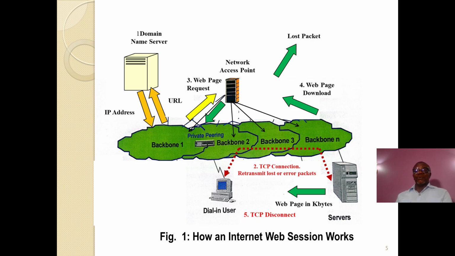Then that server will establish a TCP connection, which we marked in red. From that server, the packet of information that the dialing user is looking for will follow the red dotted line and come straight to the dialing user, because its address has been appended by the server that is controlling it, or the server in the backbone where it is connected.